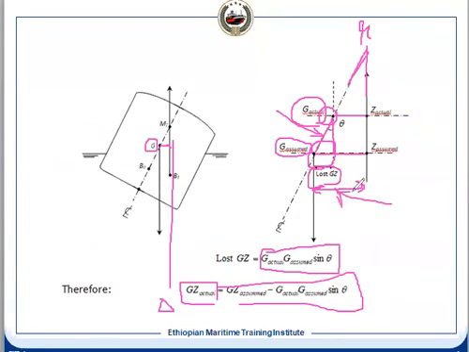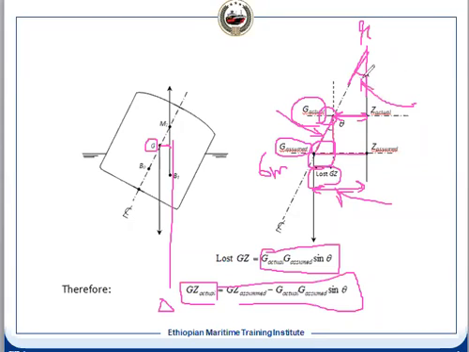Because this is 6 meter, we have assumed. Now actual G is here. So what is the actual ZZ? This is the actual ZZ. And this is the angle of heel. Any angle of heel, we can make the correction.